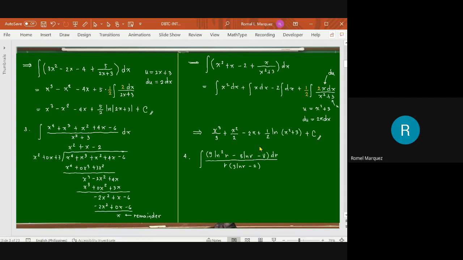What about this, guys? This is not a rational function, the integrand. But if you look at ln r, it takes the form of a rational function in ln r, and it is improper, because the degree relative to ln r, if ln r is our x, the exponent is 2, so of degree 2.